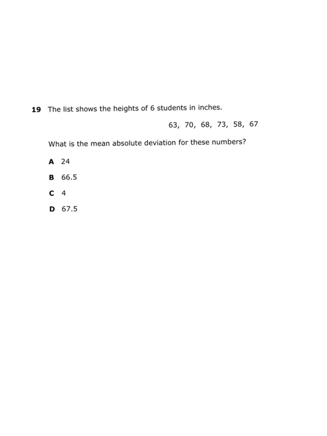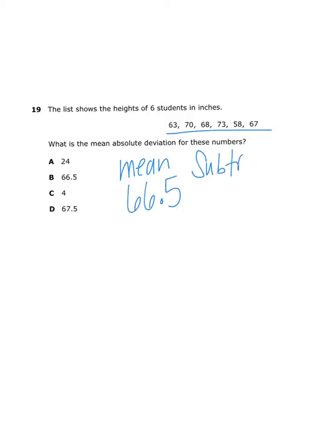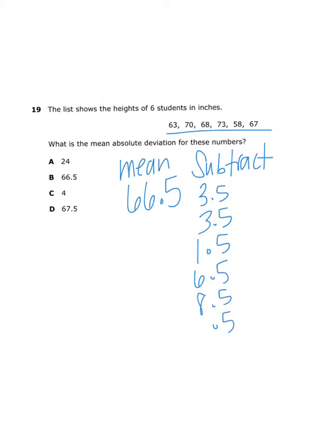Number 19. The list shows the heights of 6 students in inches. What is the mean absolute deviation for these numbers? So first you find the mean by adding all these and dividing by 6 because there's 6 numbers, and you would get 66.5. Then you subtract everything from the mean. So you would get 3.5, 3.5, 1.5, 6.5, 8.5, and 0.5.